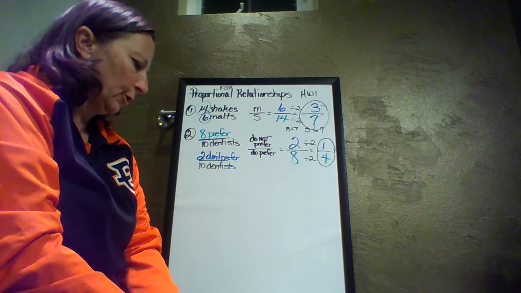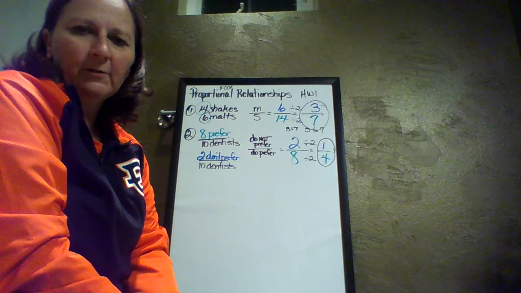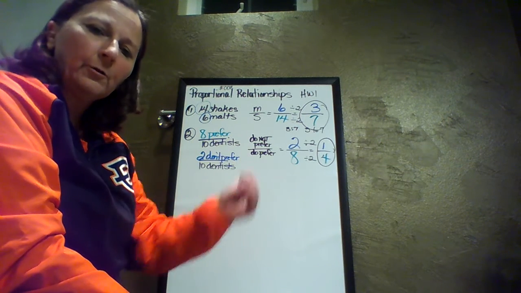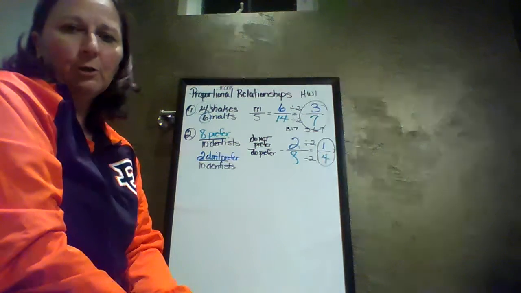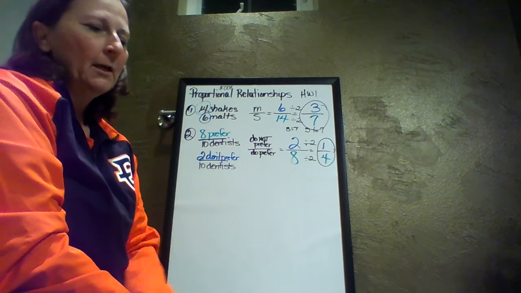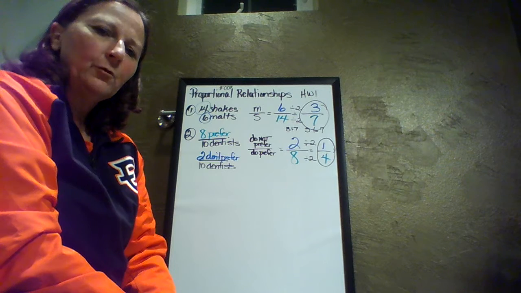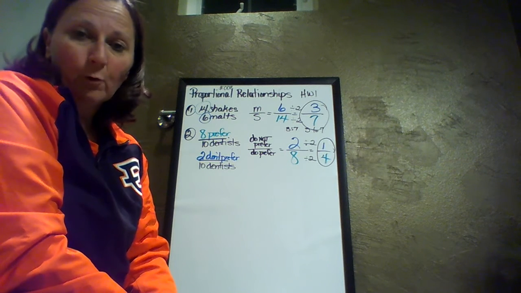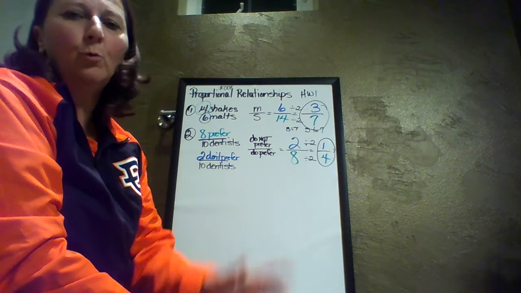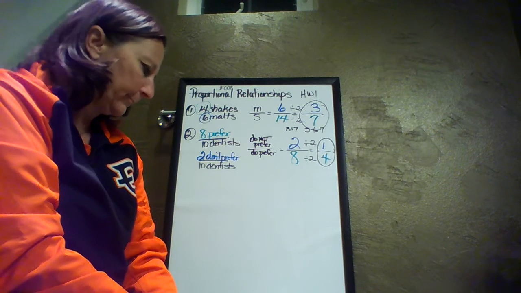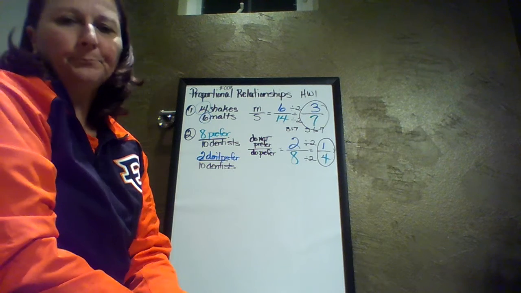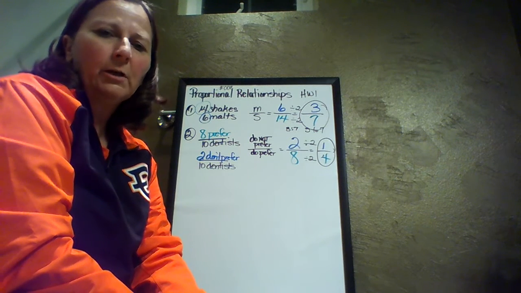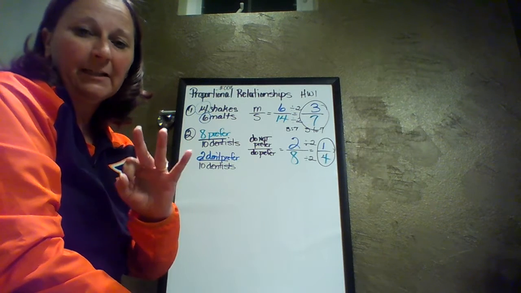So for Folgers, it's $12.88 for 80 cups. You want to find the unit rate or the unit price, which is how much it is for 1 cup. You're going to do the exact same thing for Seattle's Best, which is $9 for 50 cups, and you want to find out how much it is for 1 cup. For these that you're calculating out, you are going to want to go out to at least 3 decimal places.